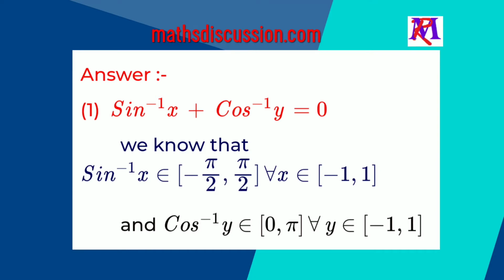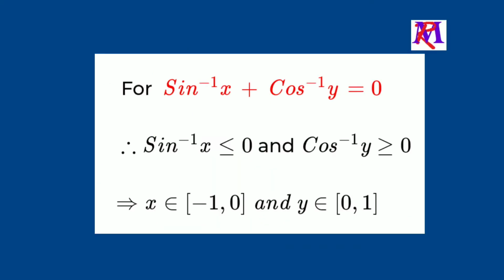Now let us look into the solution to the first part. The question is, sine inverse of x plus cos inverse of y is equal to 0. From basic inverse trigonometry, we know that sine inverse of any value between -1 and 1 always lies in the interval -pi by 2 to pi by 2, and cos inverse of any value between -1 and 1 always lies in the interval from 0 to pi.